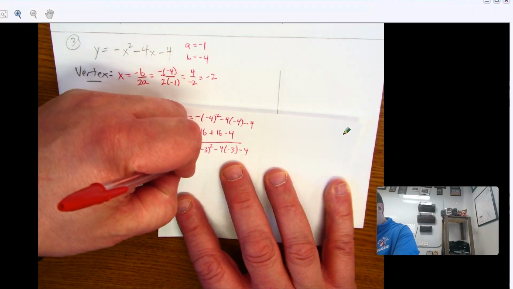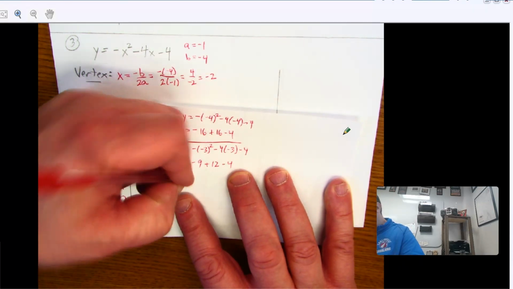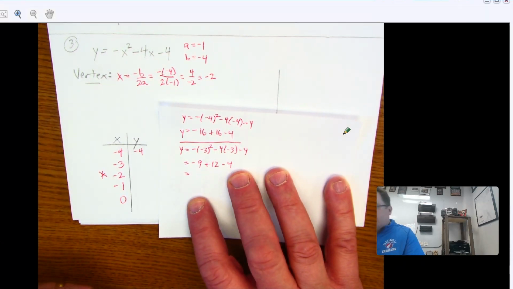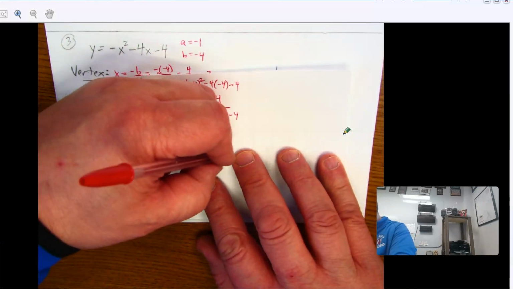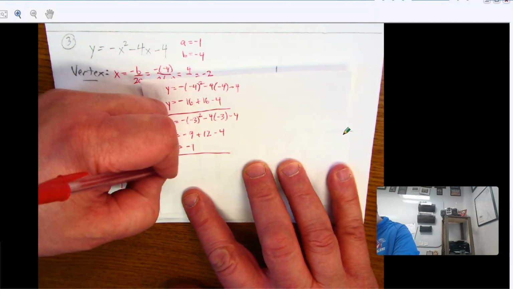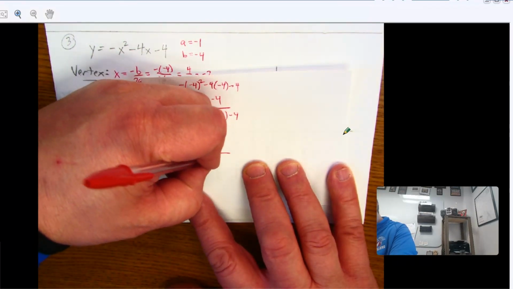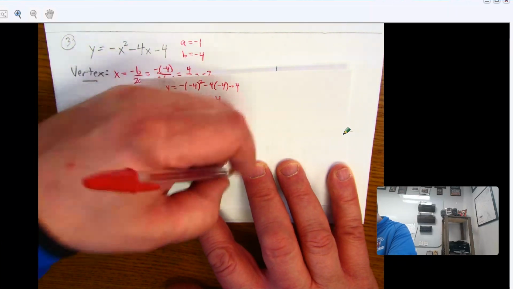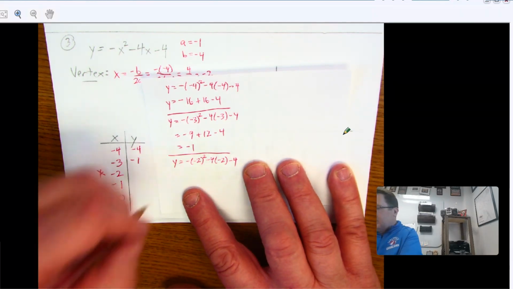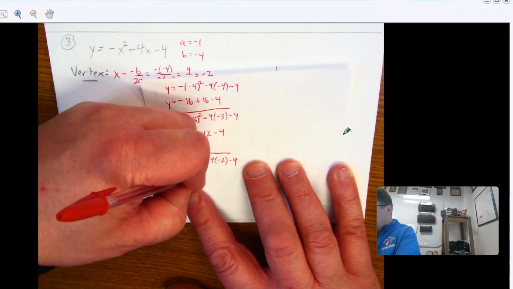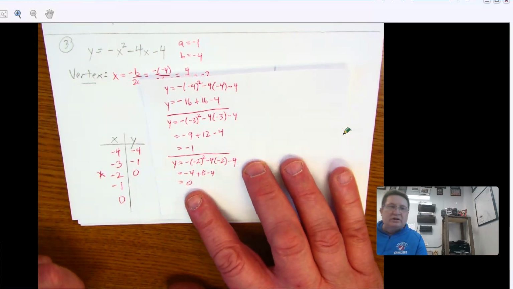And so that is -9 plus 12 minus 4. So that's -13 plus 12, or -1. When we plug a -2 in, we end up with that calculation that's necessary. And so this is -4 plus 8 minus 4. Well, guess what? That's 0.